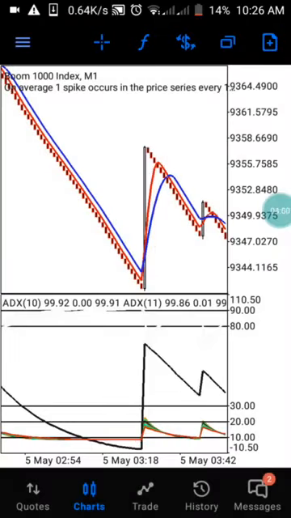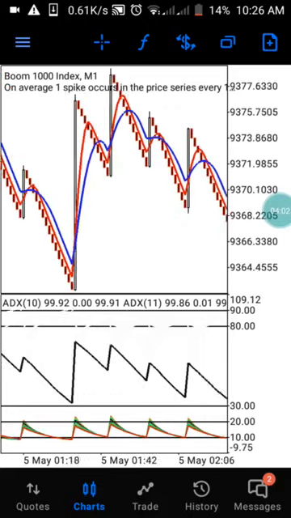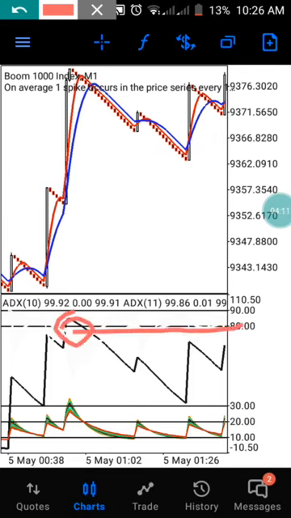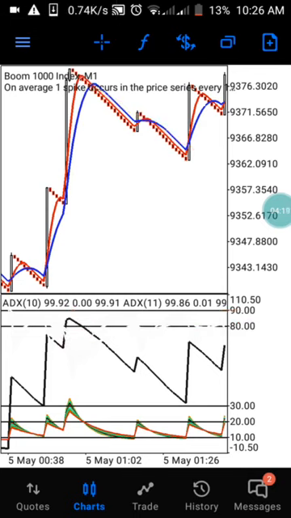But let me explain more deeply how you can scrape the market with 20 candles with this. Anytime your relative strength index goes above the 80 level, then you can take down up to 20 candlesticks without any spike. Even if there's going to be a spike, it's going to be a baby spike, but you can take your candlesticks up to 10 to 20 times.